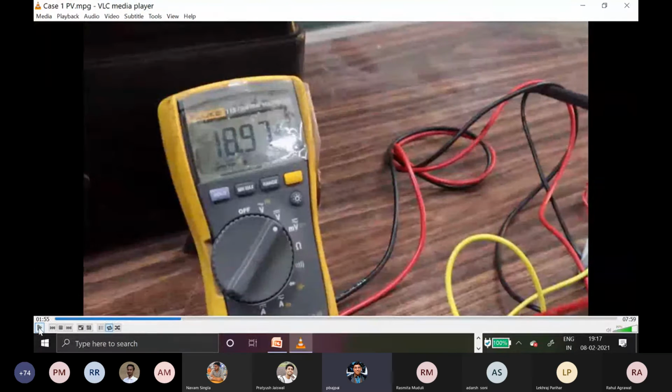So this is a situation of open circuit voltage, right? And this is showing the open circuit voltage because till now we have not given any load.